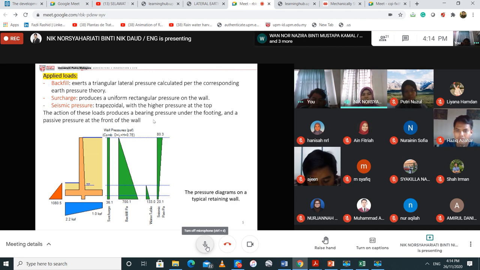So here, the applied loads should be in your knowledge. I highlight just these three.